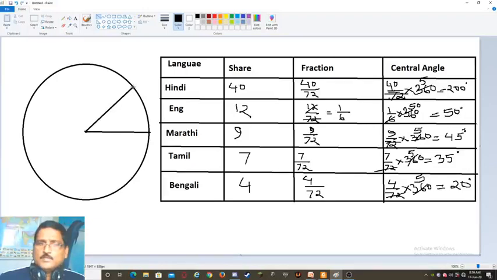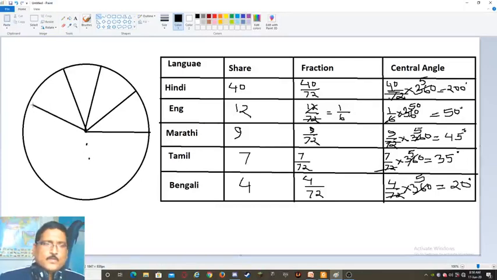I don't have my protractor. Then 45 degree. Then 35 degree. Clear? Then 20 degree. Clear? So whatever portion is left, that will be for 200. So this is 200 degree.